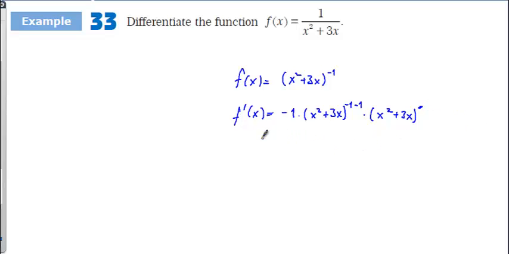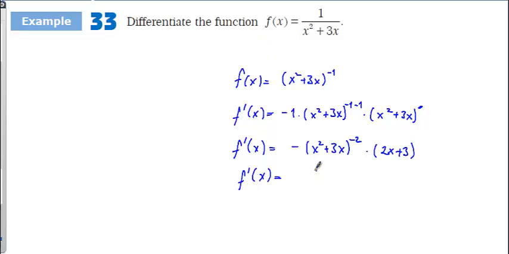f derivative x is going to be equal to minus (x squared plus 3x) to the power of minus 2 times (2x plus 3). Here the power is negative, so we should send it to the denominator. The derivative of f(x) is going to be equal to minus 1 over (x squared plus 3x) to the power of 2.